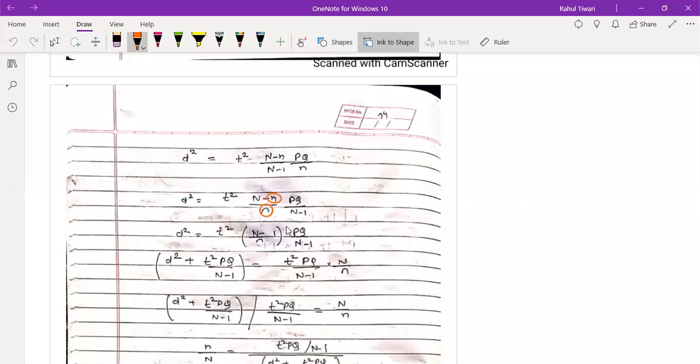Here what I did, I simplified this here only, so this gets cancelled. The remaining is n minus n, and the whole thing is multiplied with this and multiplied with this. In the second term we don't have any n, so the whole thing will be taken to this side. So d square into that quantity, t square pq upon capital N minus 1, will be on the left hand side, and the remaining will be t square pq upon capital N into small n will be here.